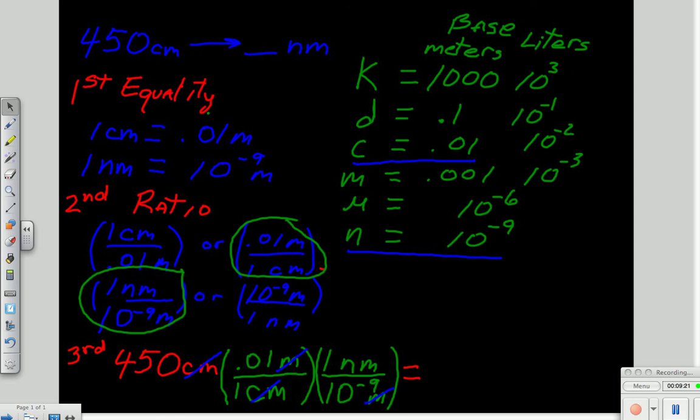What I get out of that is 4.5 times 10 to the 9th nanometer. And I am guaranteed that I did that problem correctly because the units canceled out. The way I set it up, it's got to work. Nanometers here, the only unit that's remaining that hasn't been canceled is nanometers. I did it correctly. I have 2 sig figs in my answer.